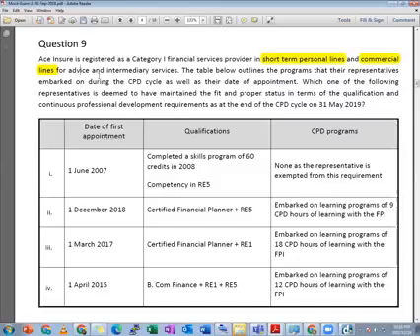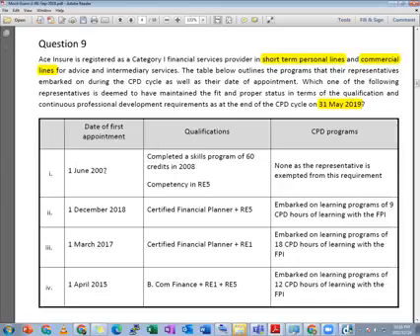Okay. Now let's look at the first guy. Look at the cycle. It ends 31st May 2019. This means it started 1st June 2018. And it ends the 31st of May 2019.